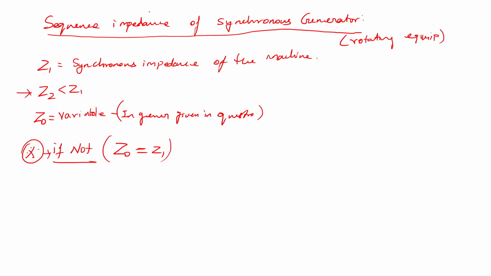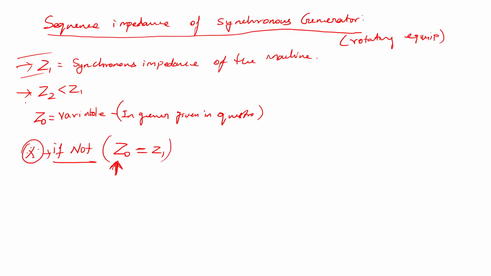Here my question is, if Z0 is having some value, then what does it mean? Is it balanced or unbalanced? If it is balanced, only Z1 will have a value, and here only we will stop.